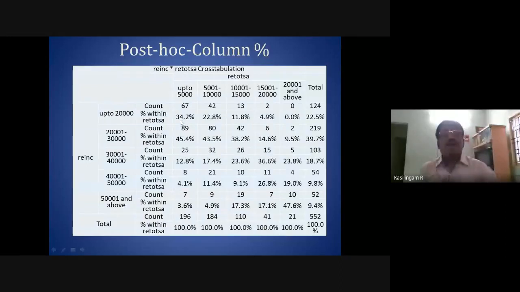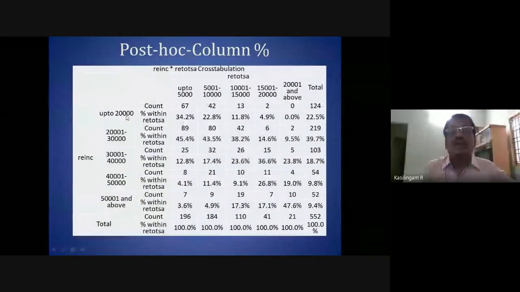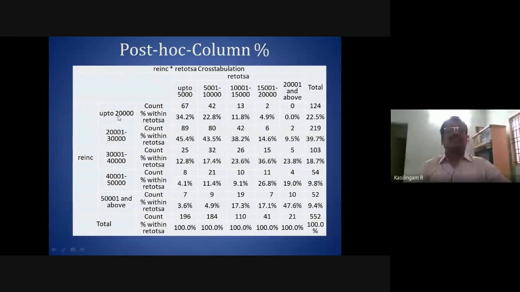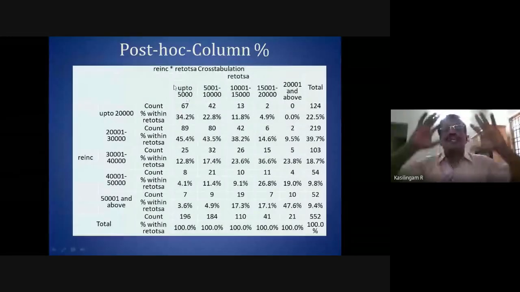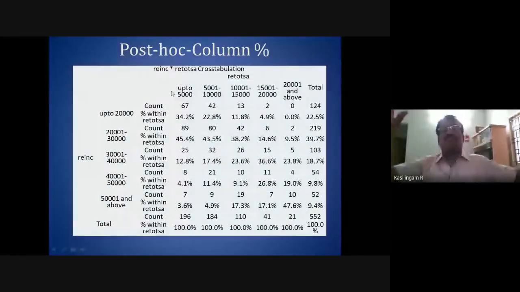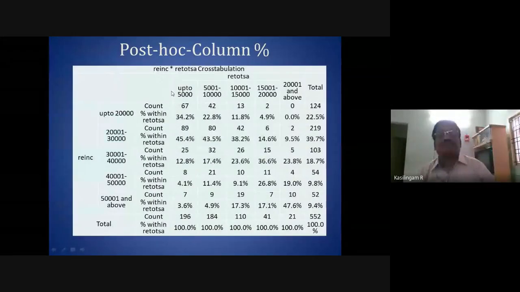More people of this income category are available in the 5,000 saving category, which means the up to 20,000 income category people are associated with the up to 5,000 saving category. That is associated. Fine.